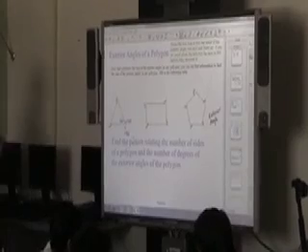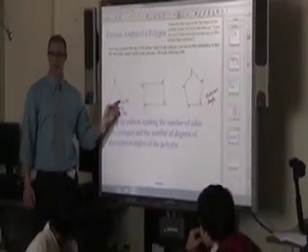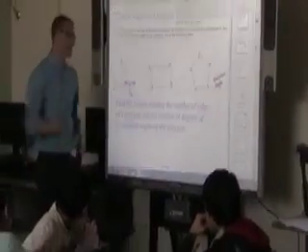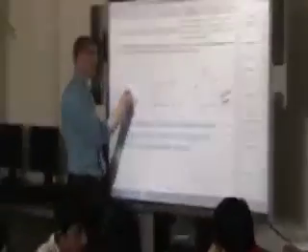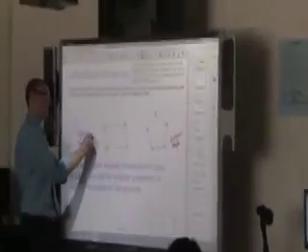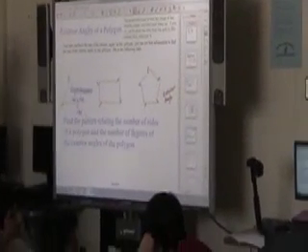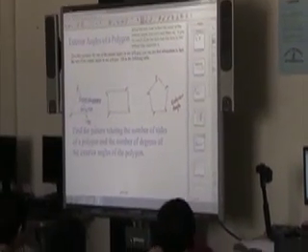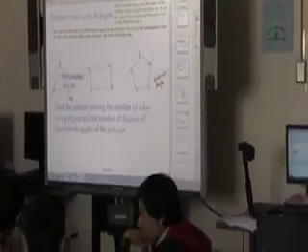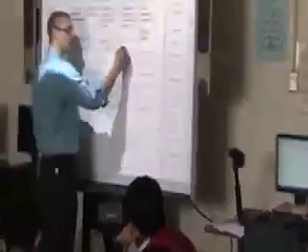Supplementary. Beautiful. Okay, so that's supplementary. So they add up to 180. And the number of degrees in one exterior angle is 120.